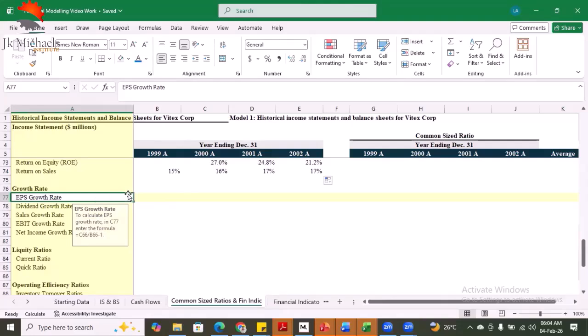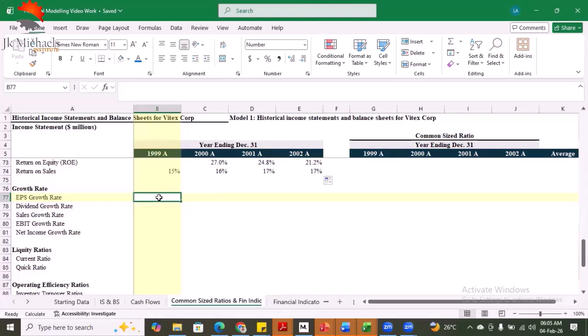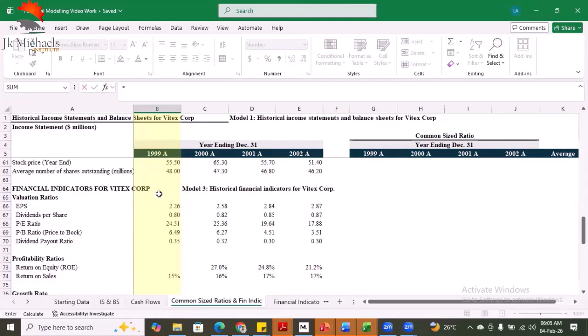Earnings per share. In C77 we'll enter the formula B66 over B65, which is going to be the next period divided by the previous period minus 1, right? So let's look at earnings per share.